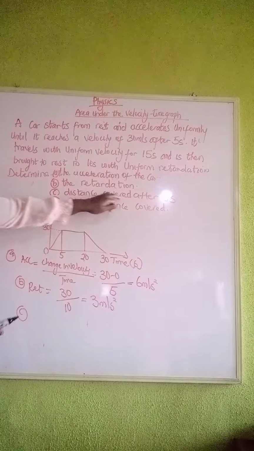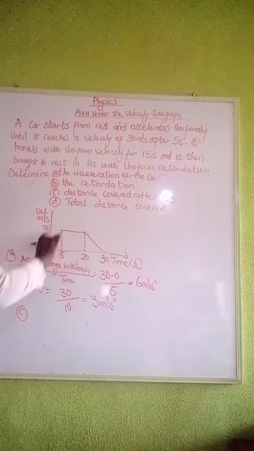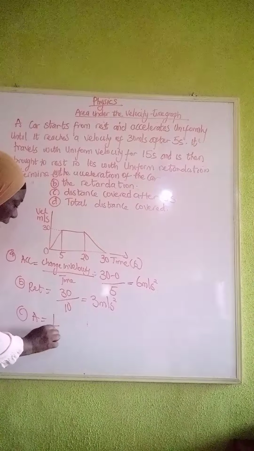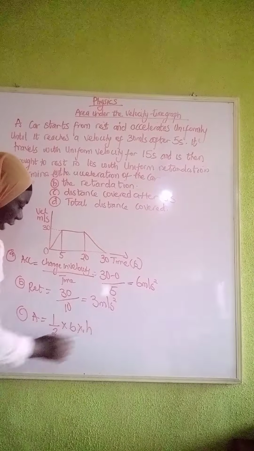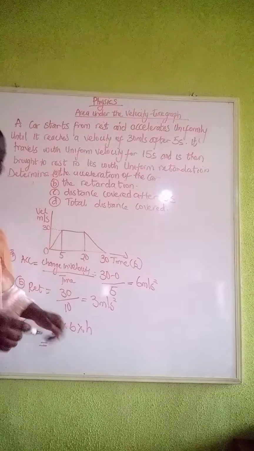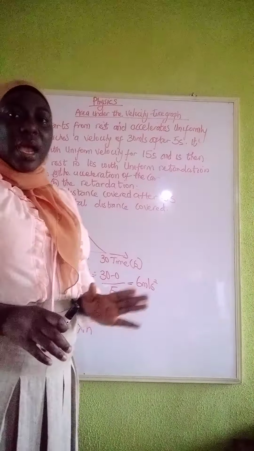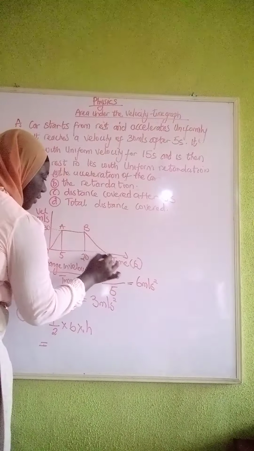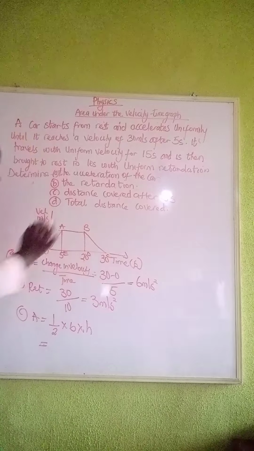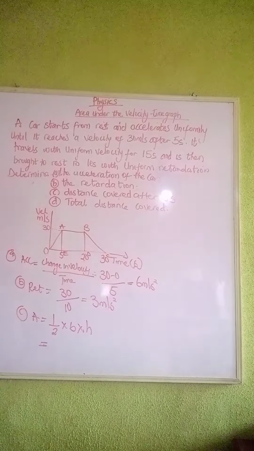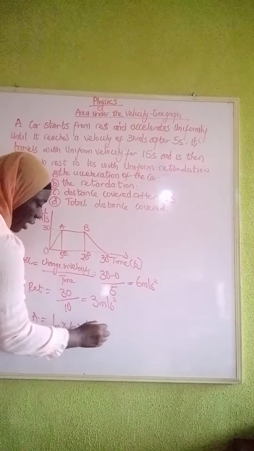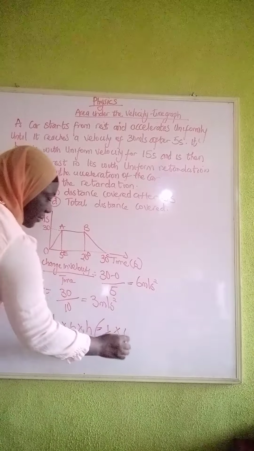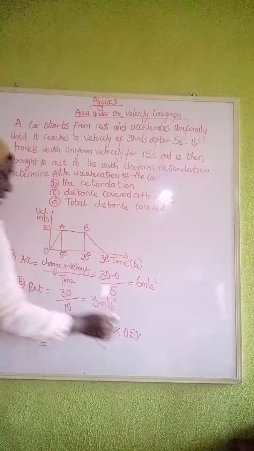For you to calculate the distance covered after 5 seconds, we are looking for the area of this shape, which is a triangle. That is half base times height. I'm using half base times height so that you understand it. If not, I would have just used letters like A, B, C, D, E, and said half times OE times AE.